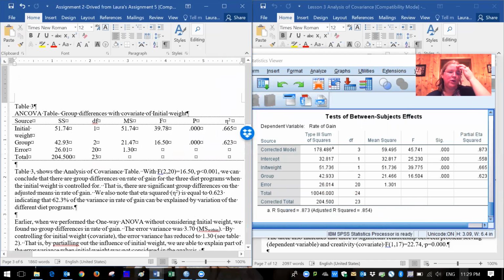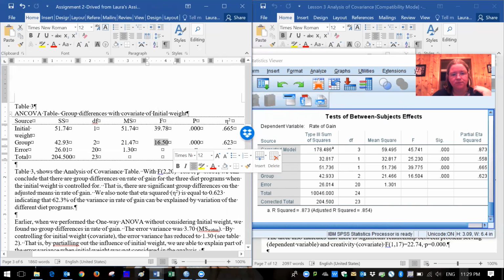So what table 3 is showing us is the analysis of covariance table, we've summarized the one row for the group. So F(2, 20) is equal to 16.15, and p is less than 0.001.